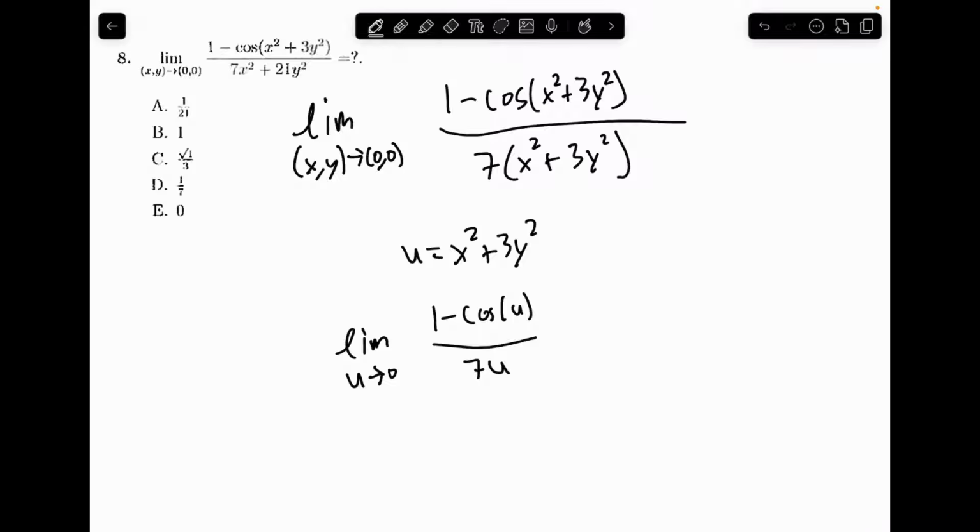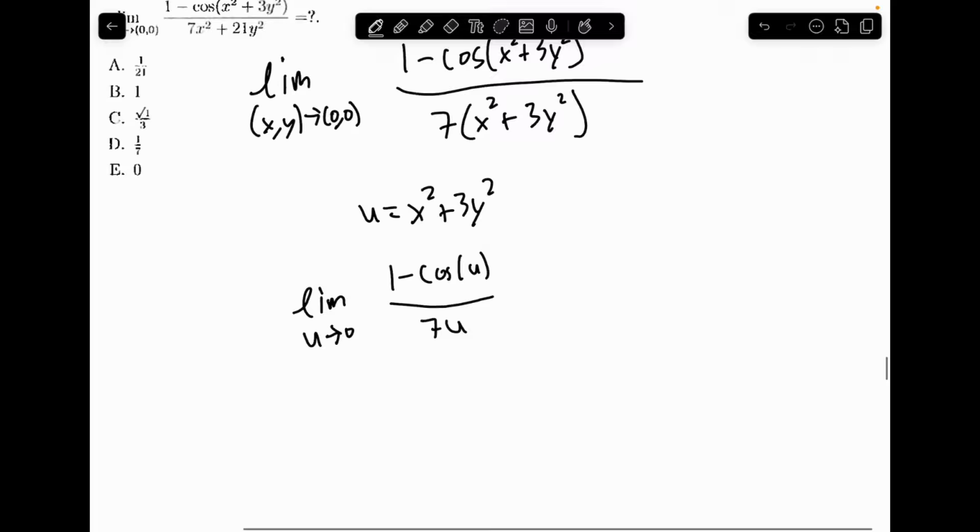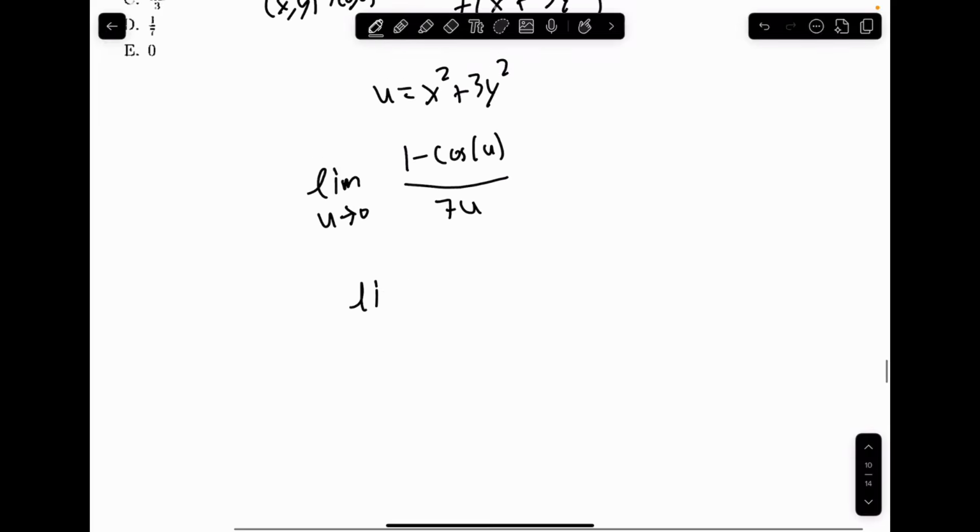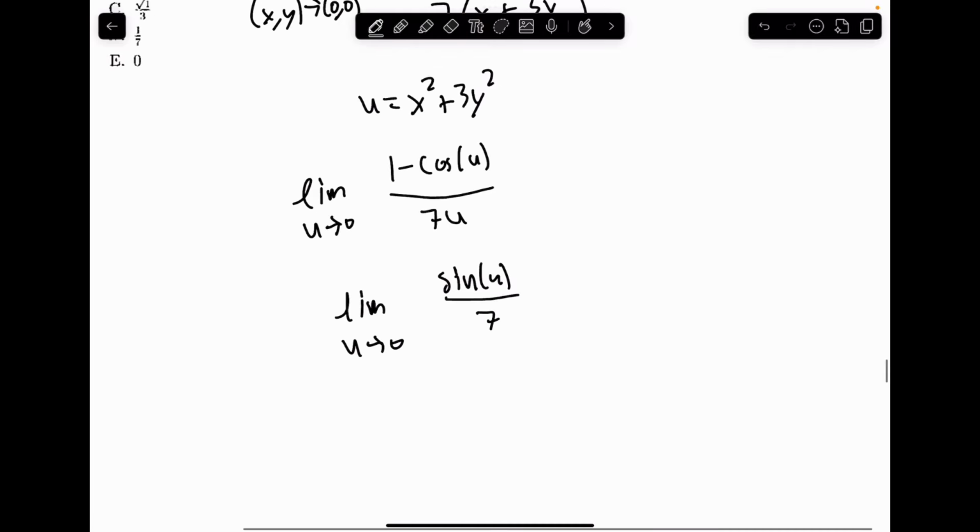If we plug in 0, we get 0 over 0 again. So we can use L'Hopital's rule, or if you know this limit, you probably know the answer already, but let's use L'Hopital's rule. We get the limit as u goes to 0 of sine u all over 7. Plugging in, we get sine 0 over 7. Sine 0 is 0, so our answer is 0.